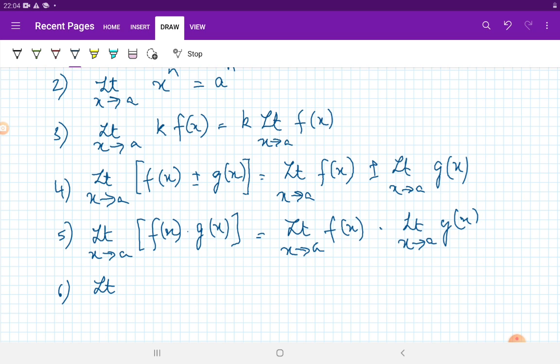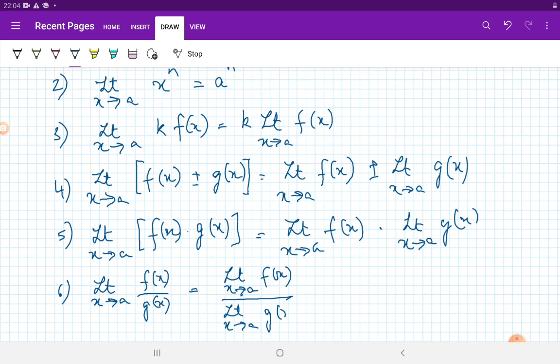The next rule deals with the ratio of two functions of x. Limit x tends to a f of x divided by g of x can be evaluated as limit x tends to a f of x divided by limit x tends to a g of x, where limit x tends to a g of x is not equal to 0.